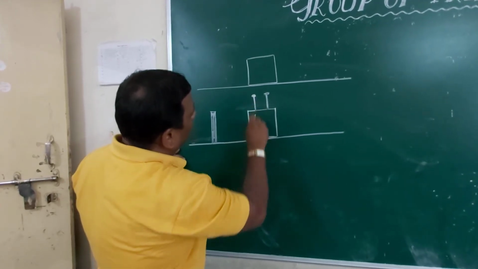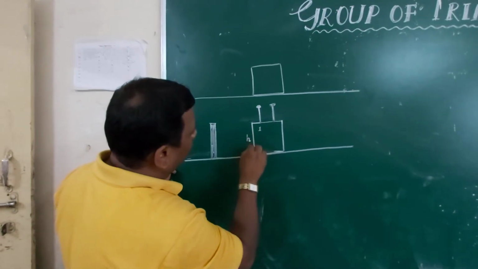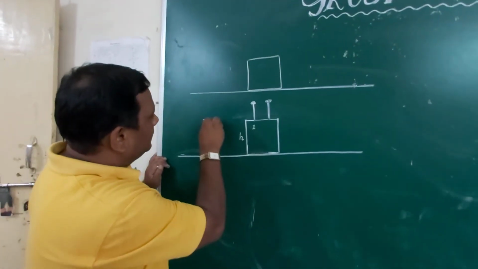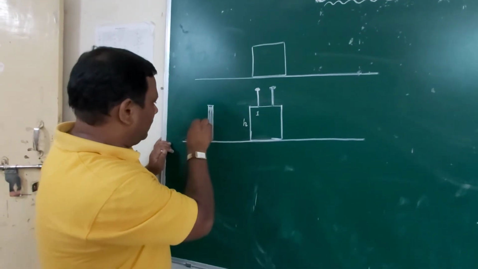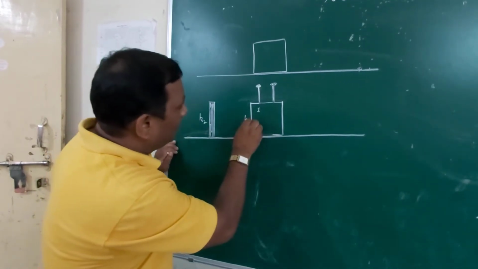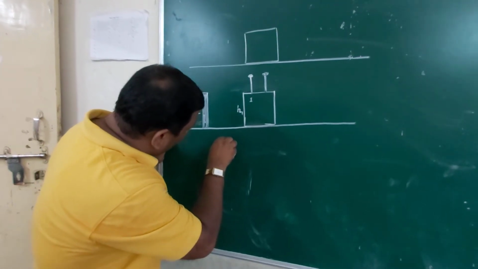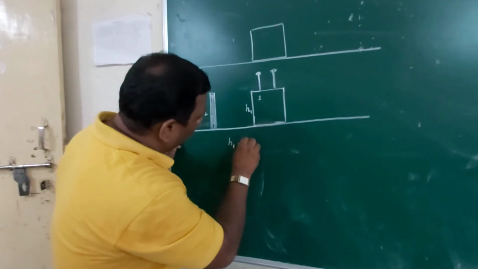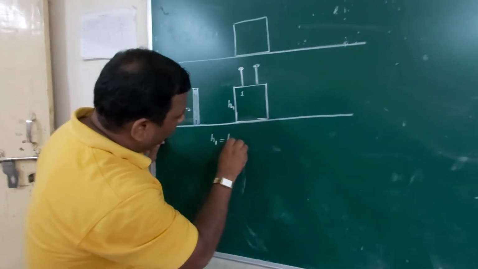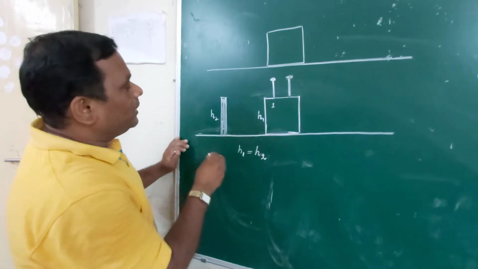This is the height of the thermocouple block, which I represent by h. This is h2, the height of the candle. That means the height of the thermocouple block is equal to the height of the candle.